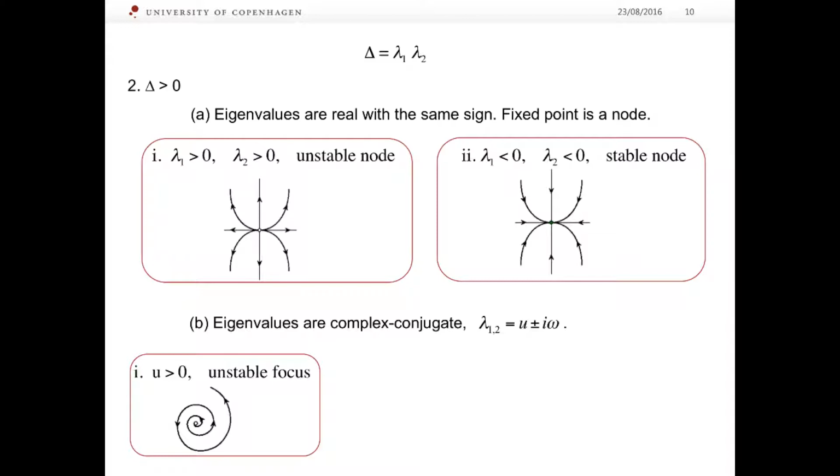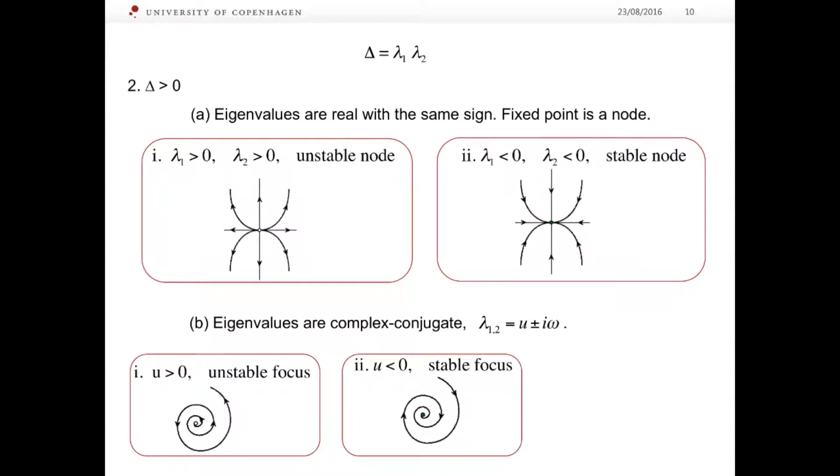In that case, the fixed point is called an unstable focus. The small deviations from the fixed point will be oscillating with a certain frequency, and the amplitude of the small deviation will be growing in time. That means that the phase trajectory which starts close to the fixed point will be spiraling around the fixed point and gradually going away from it. So this is an unstable fixed point.